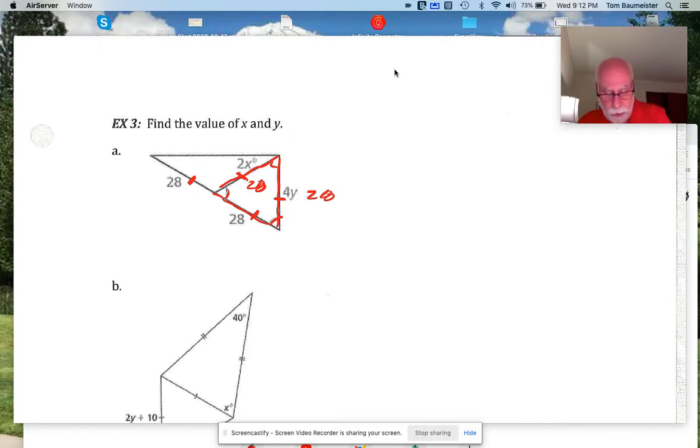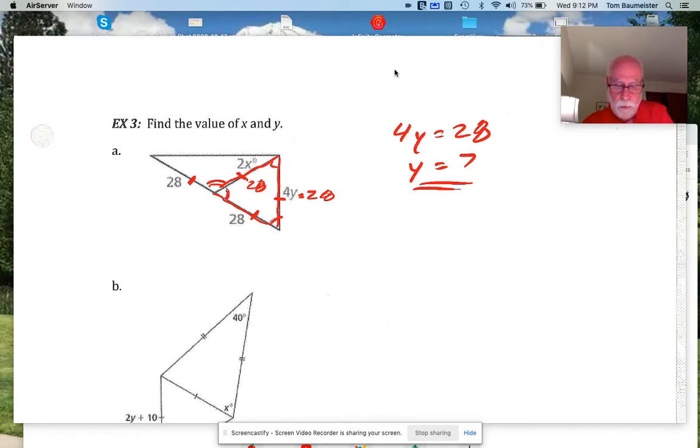So look, we can solve for y already, because we know that 4 times y is equal to 28, right? And then if I divide by 4, I know that y is equal to 7. All right? So now we know that this angle here is different than this angle here.